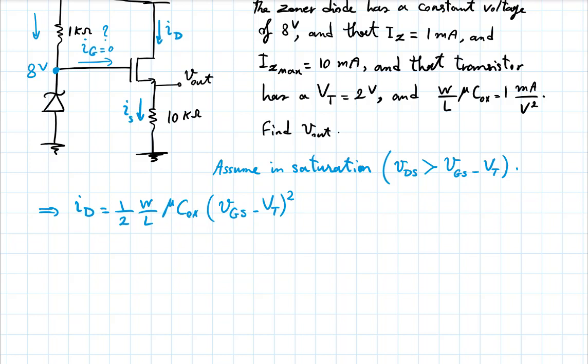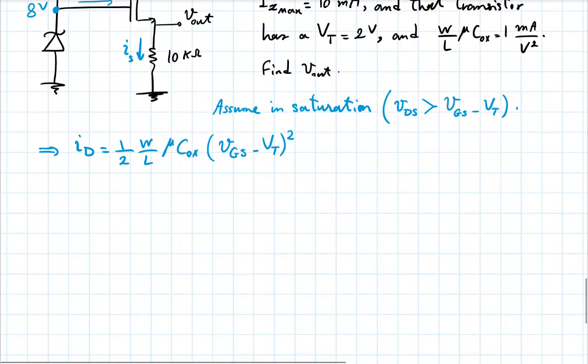But at the same time, I know that the gate voltage is 8 volts, and VGS is that gate voltage minus the output voltage.